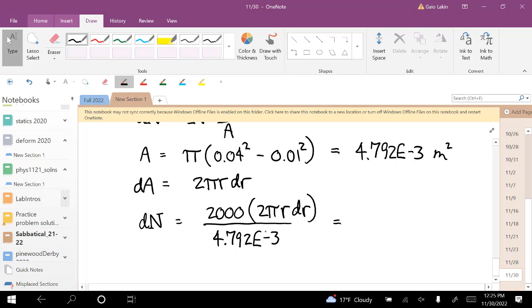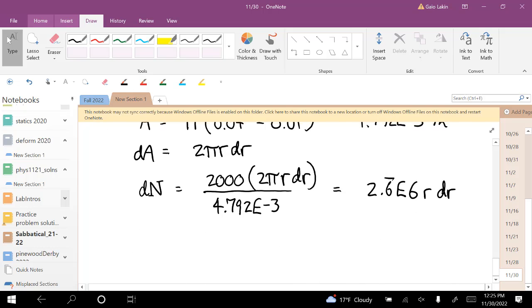So we have 4,000 times pi divided by this, and whatever that number is, we multiply by r dr. And this is 2.66 repeating times 10 to the 6, times r dr. All right, so that's dN.